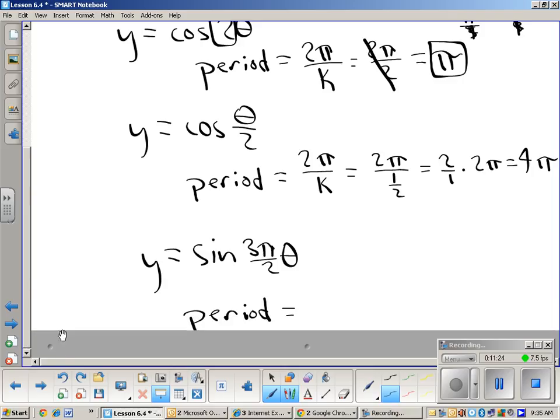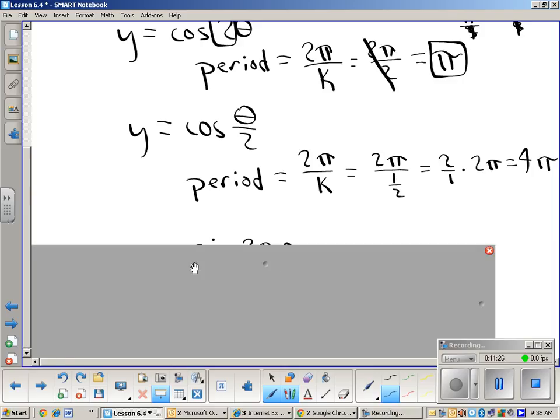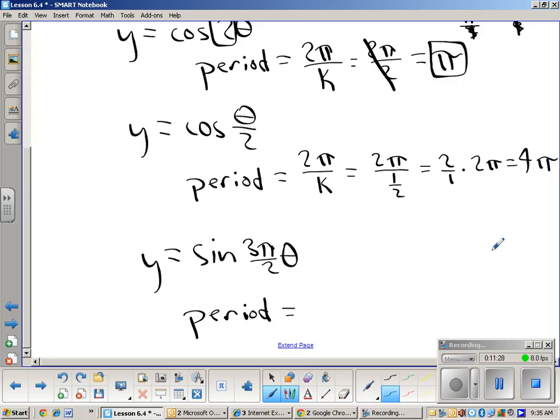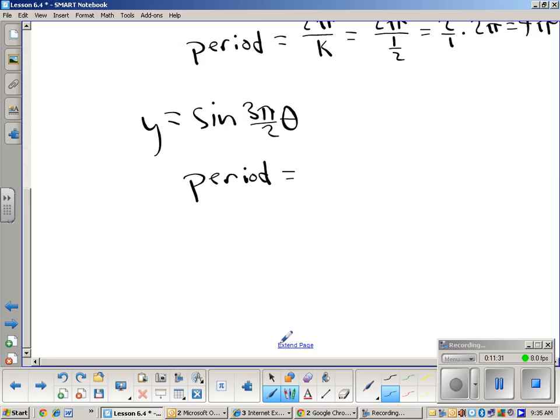And the last one, sine of 3 pi over 2 theta. And so period is 2 pi over k. And what's k? 3 pi over 2.